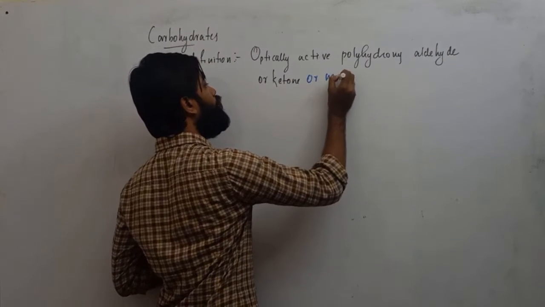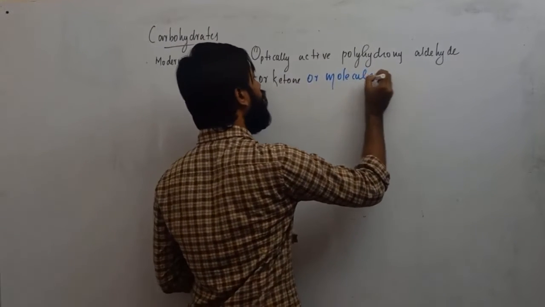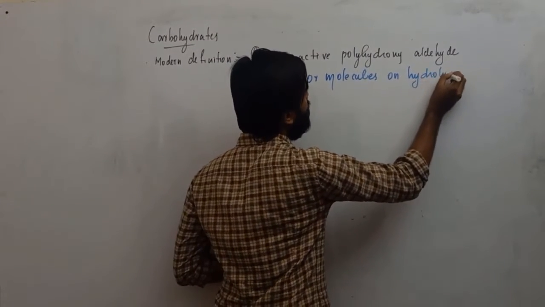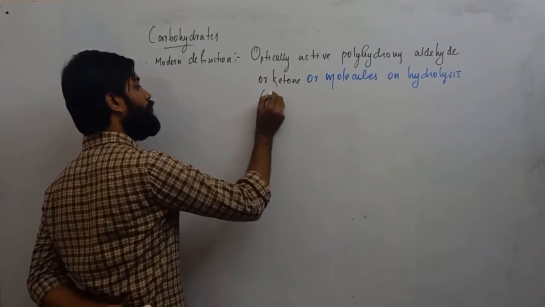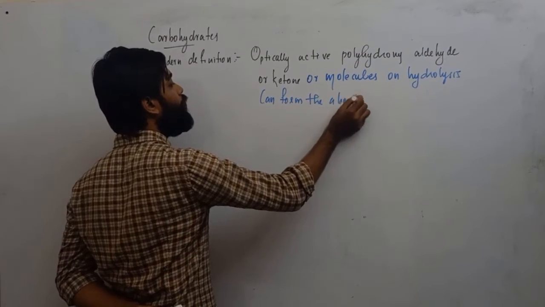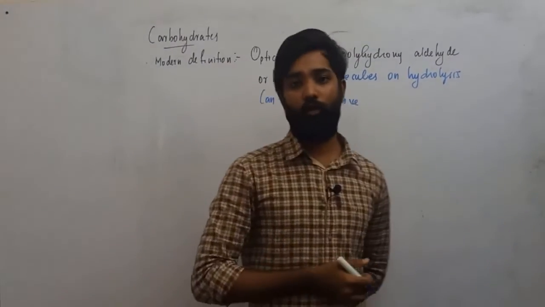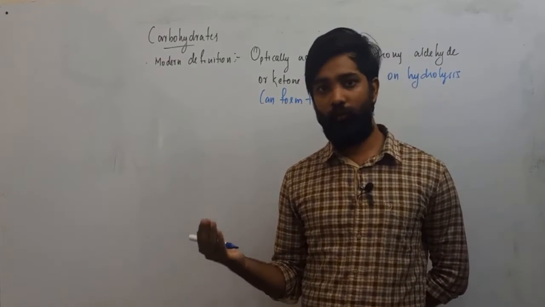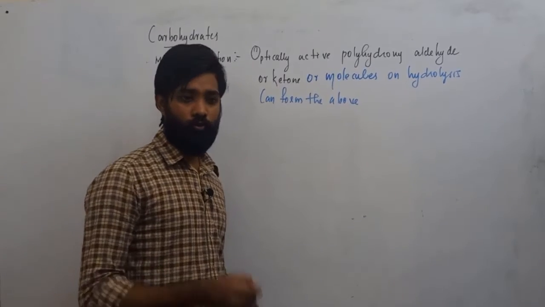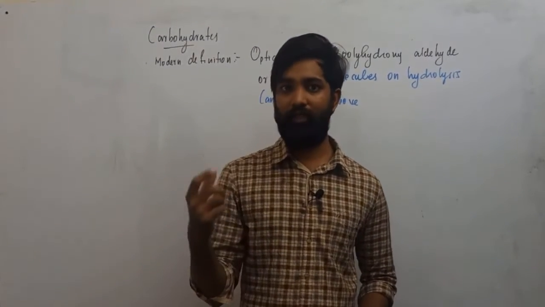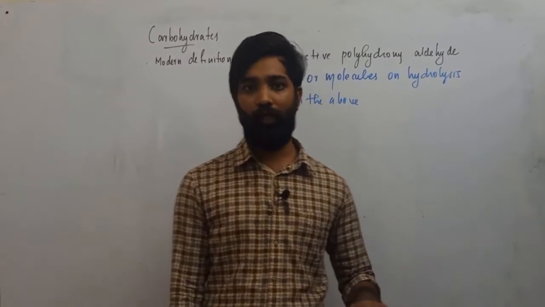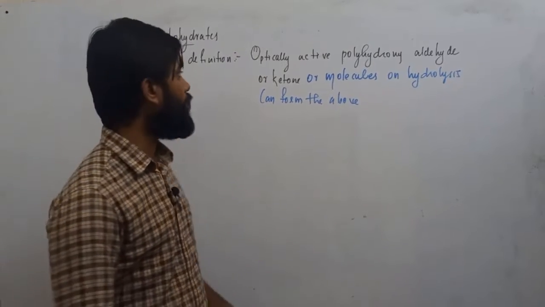Or molecules which on hydrolysis can form the above, that is, the optically active polyhydroxy aldehyde or ketone, are also said to be carbohydrates. So a carbohydrate is either an optically active polyhydroxy aldehyde or ketone, or any molecule which can produce one on hydrolysis.